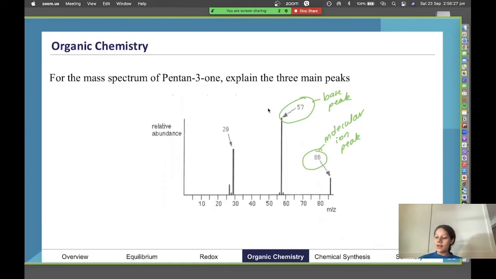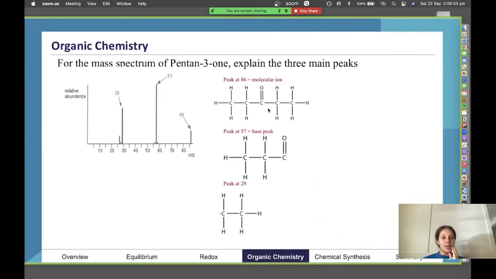And then we have other fragments present down here. So the IR spectrum gives us information on what functional groups are present, so it can help us identify what class of molecule we're dealing with, whereas our mass spectrum is predominantly looking at the different fragments, telling us the actual size of the molecule that we have.